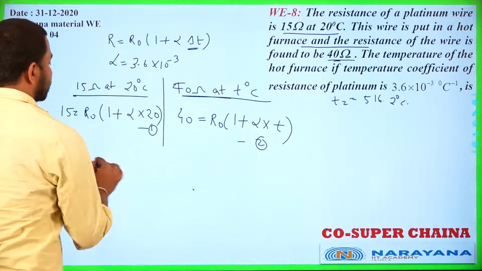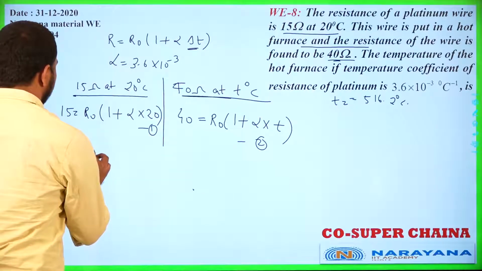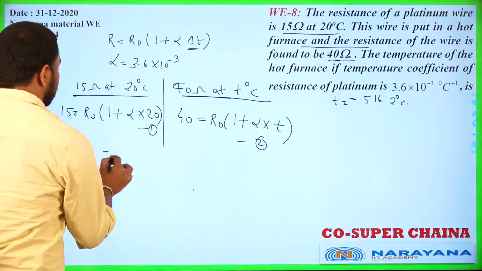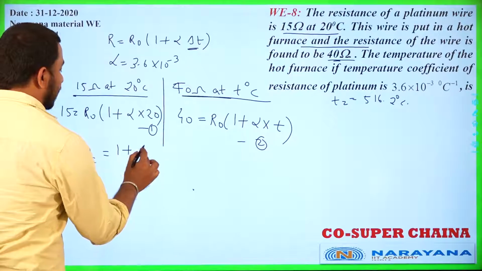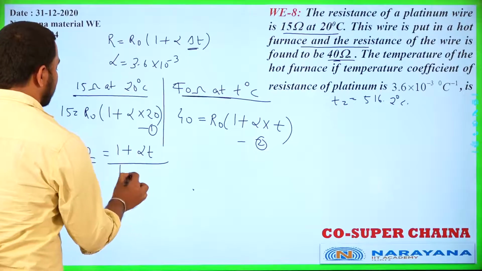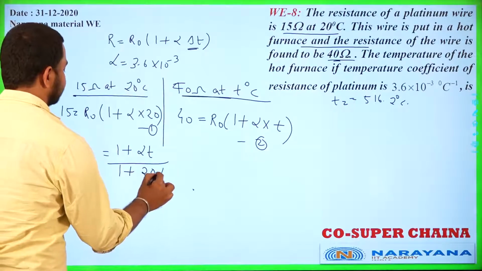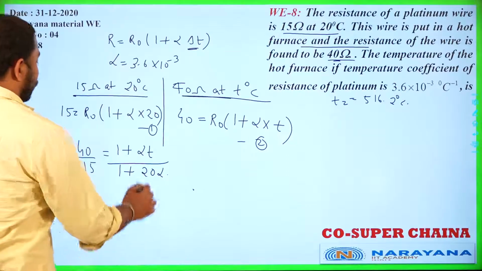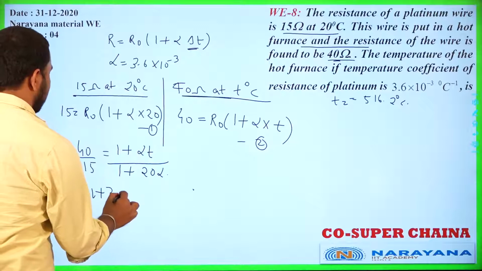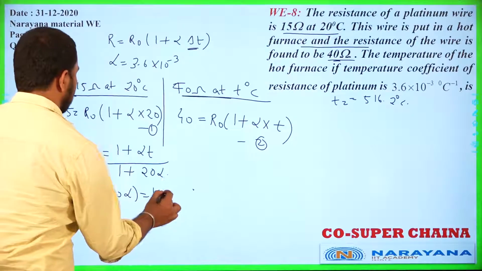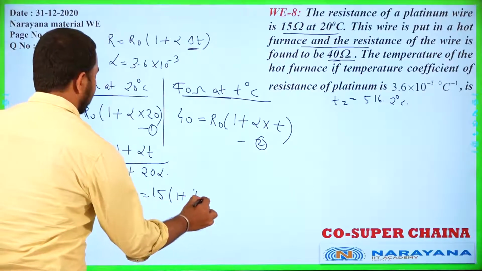So divide equation 2 by equation 1. What we are getting is 40 by 15 is equals to, R naught will be cancelled out here, (1 plus alpha T) by (1 plus 20 alpha). You have to cross multiply this. 40 into (1 plus 20 alpha) is equals to 15 into (1 plus alpha T).